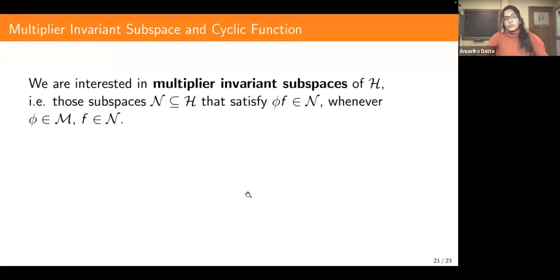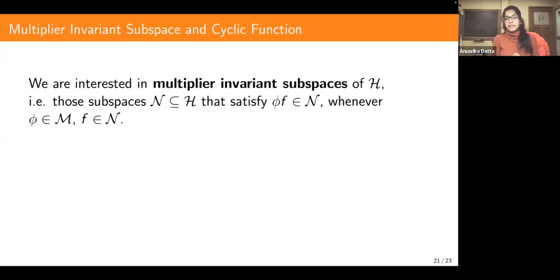Now, why are we talking about the multipliers? One thing is to get the multiplier norm for getting the von Neumann type of inequality for the higher dimensional case. Now we are actually interested in multiplier invariant subspaces. And what is that?